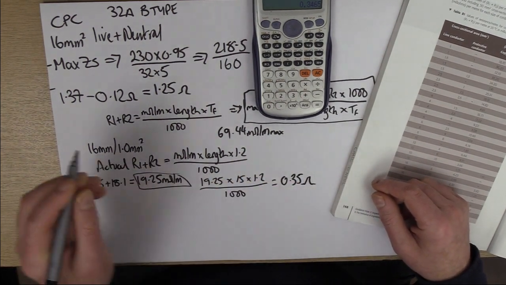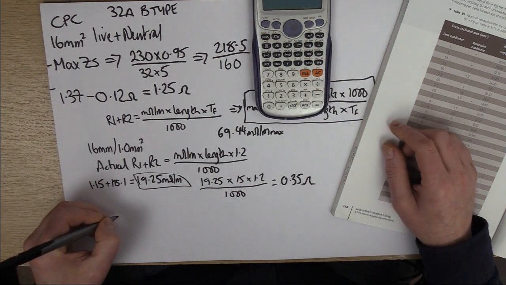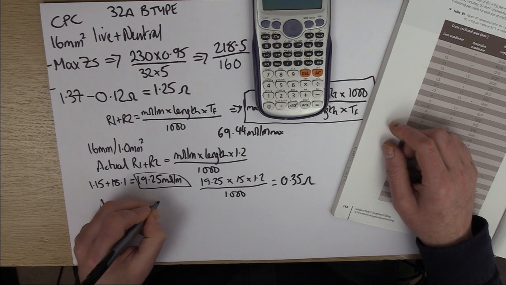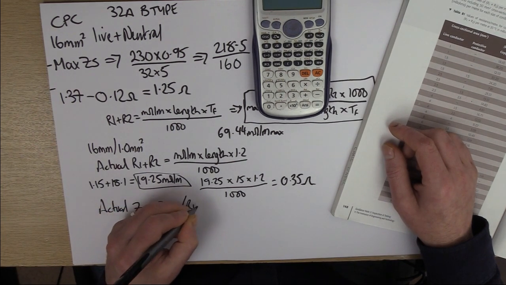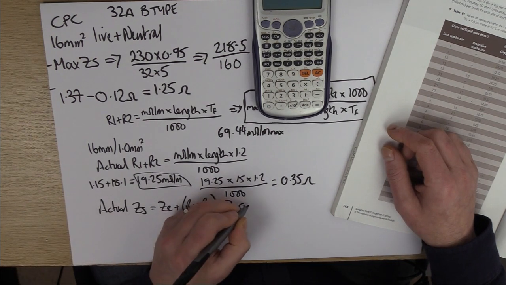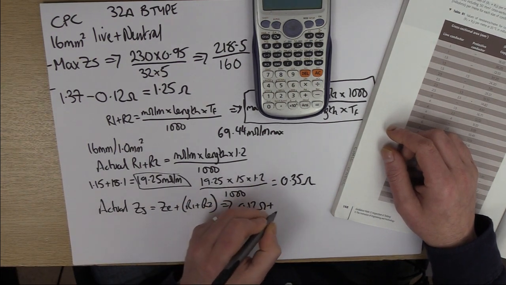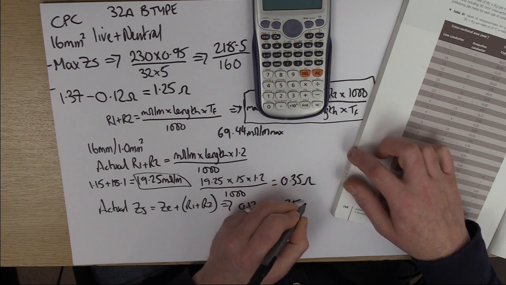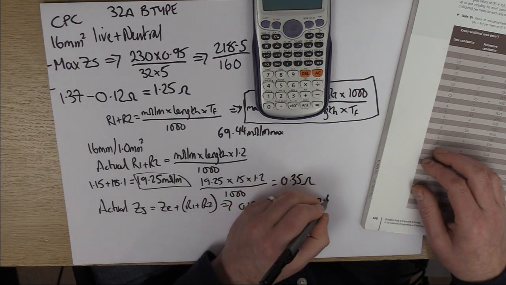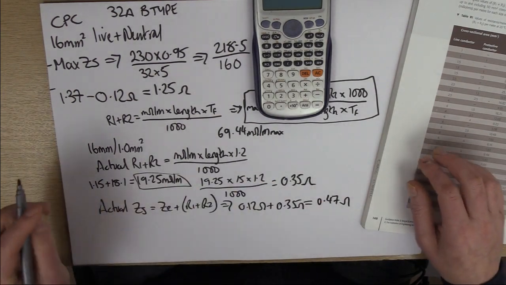So it's good. So our actual ZS then, ZE plus R1 plus R2, that would be 0.12 ohms for our ZE plus our R1 R2 of 0.35, which gives us 0.47 ohms.